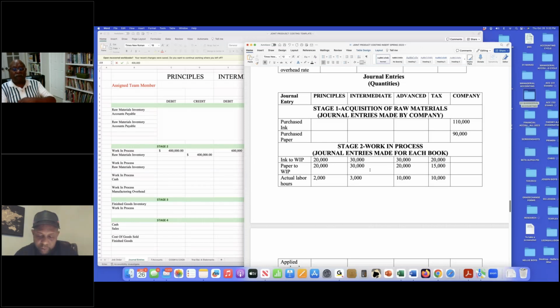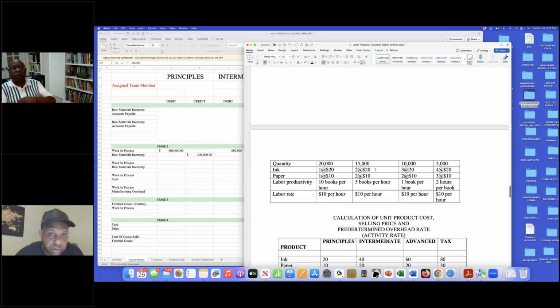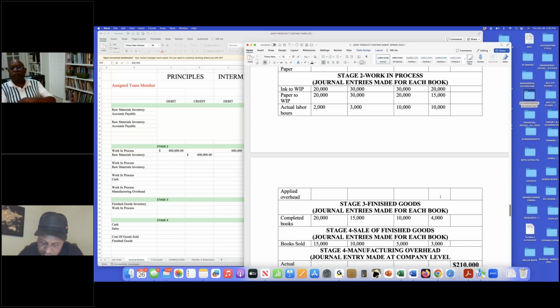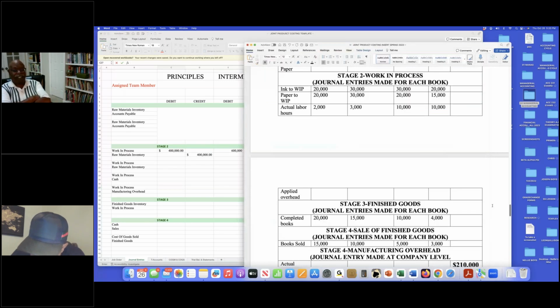Labor rate was $10. So you're going to multiply the hours by 10. And then for your MOH, what are you going to do? You're going to divide, right?